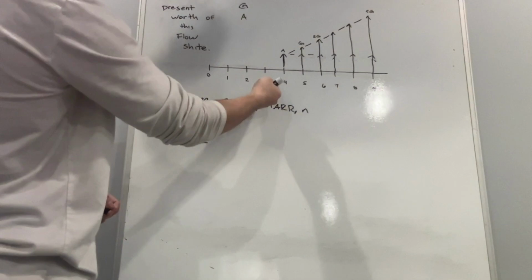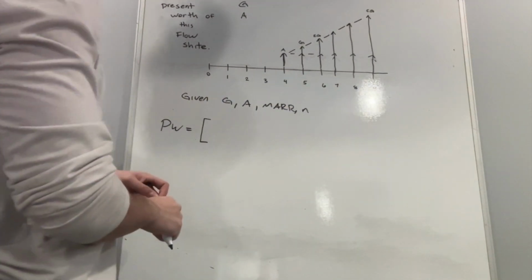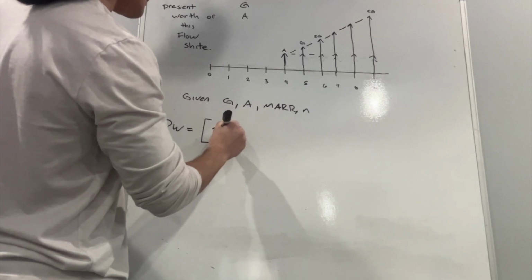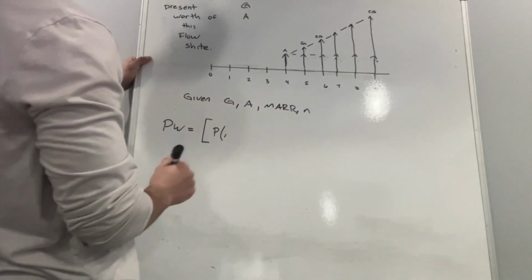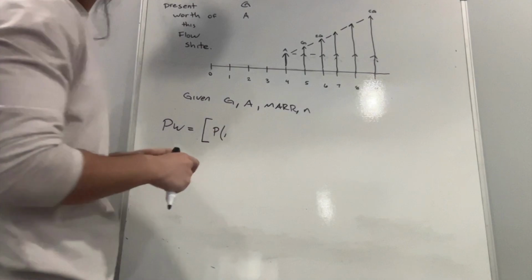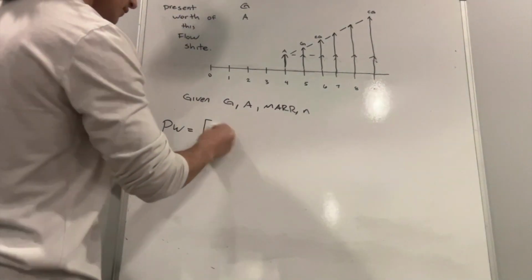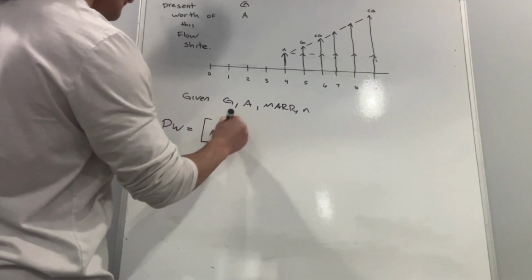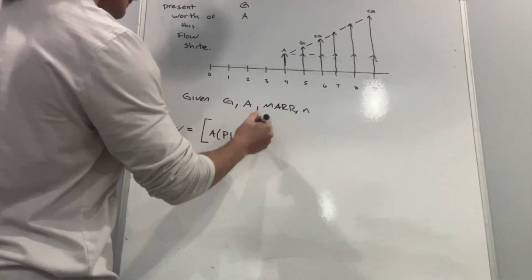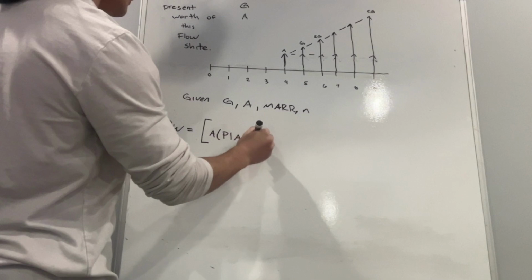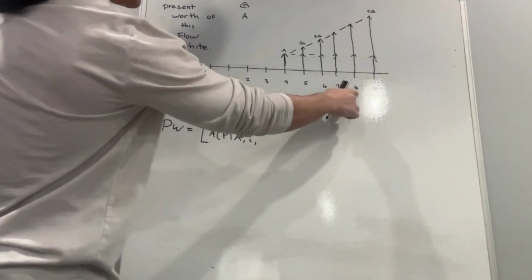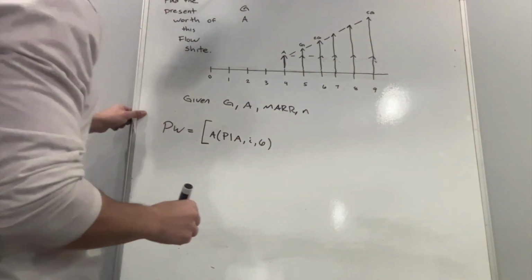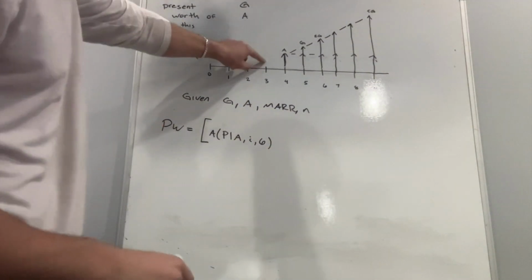So we're going to bring it back 6 right here. It's going to be A, P given A, whatever that MARR is, let's say i. And then we're bringing it back 1, 2, 3, 4, 5, 6. Alright, so that's the P right now, right here.